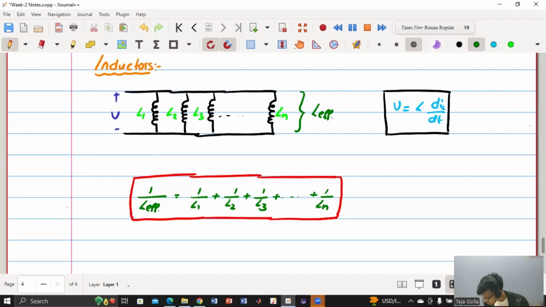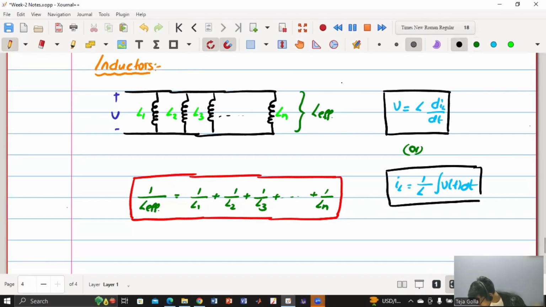Or you can also write it as, because we are dealing with currents, IL is equal to 1 by L into the integral of V of t dt, and V is the same because they are parallelly connected. So we have the terms in terms of 1 by L. By applying KCL, you will get the term 1 by L1 plus 1 by L2 plus up to so on 1 by Ln on the RHS, and that's how we are getting it. So I hope it is clear.